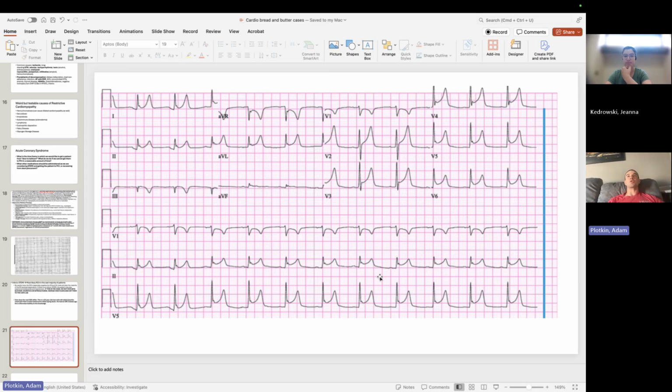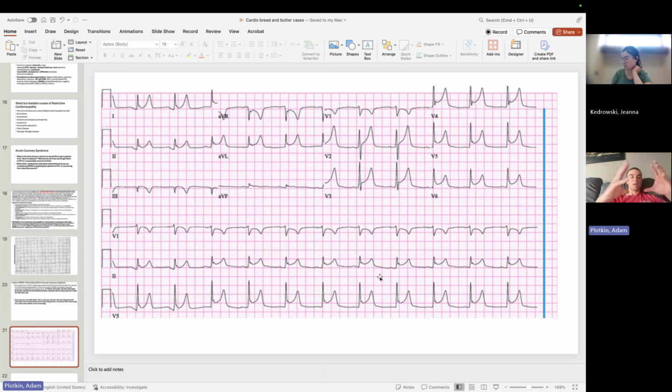So what happens with the electrical alternans is every time the heart beats, it kind of swings within this cardiac sac, right? Within this fluid-filled sac. And as it swings one way or the other, we might be closer or further away from the EKG leads. The closer we are, the higher the QRS voltage will be. And so we'll see one voltage.